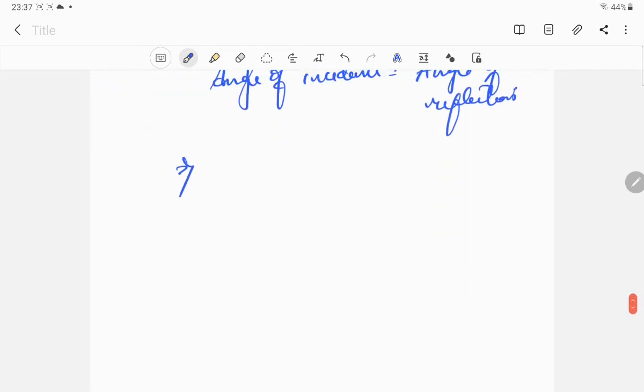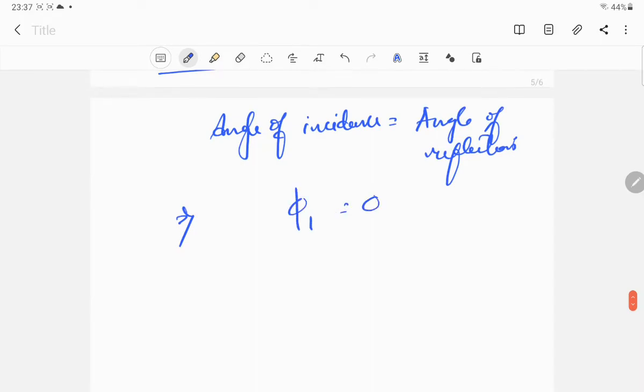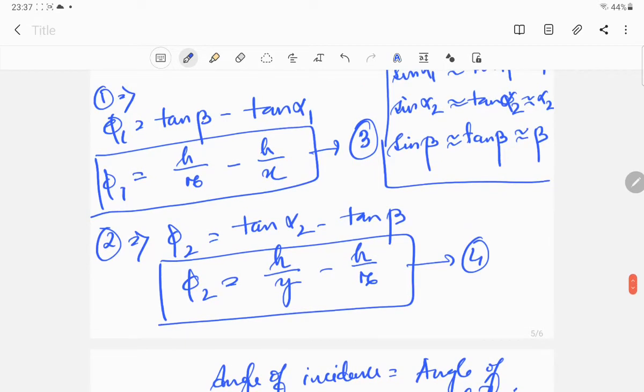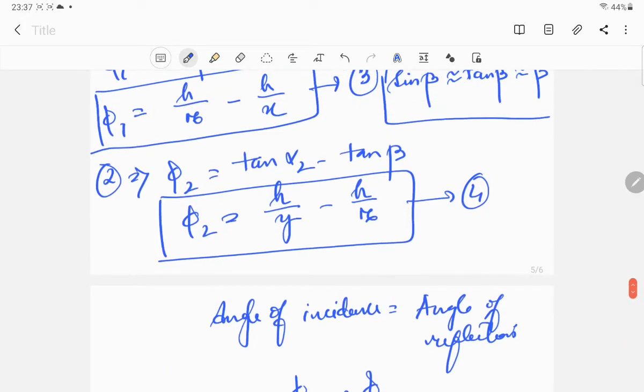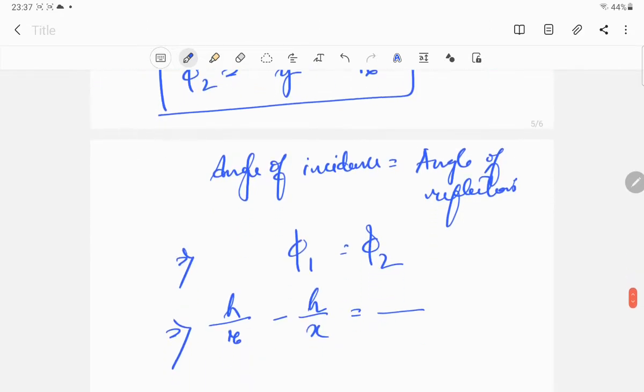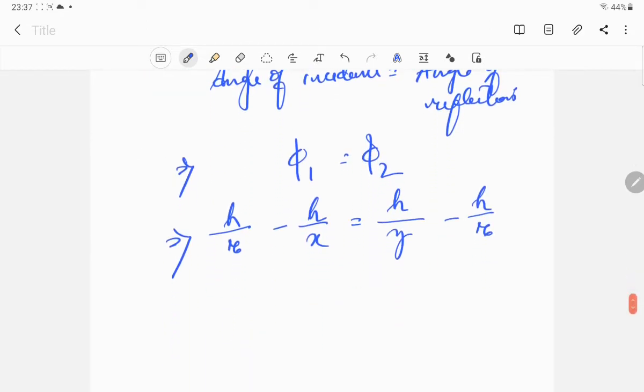So phi 1 equals phi 2. What is phi 1? From equation 2, h by r minus h by x. And what is phi 2? h by y minus h by r.